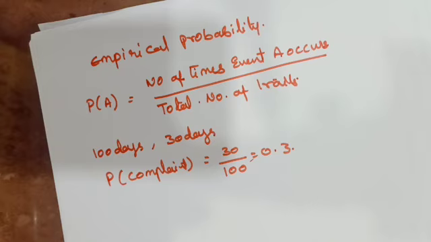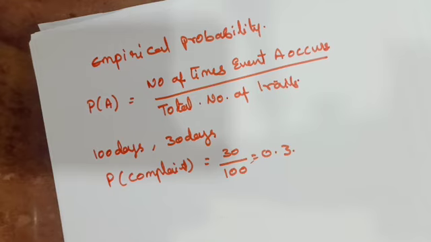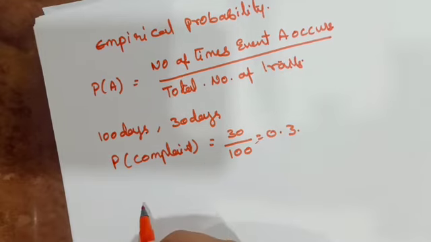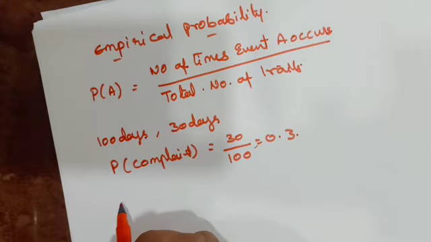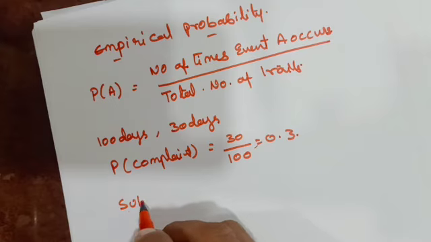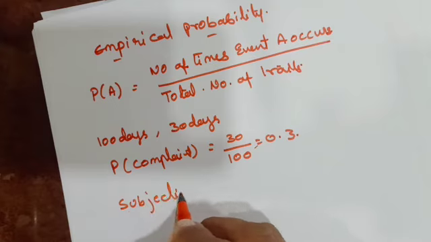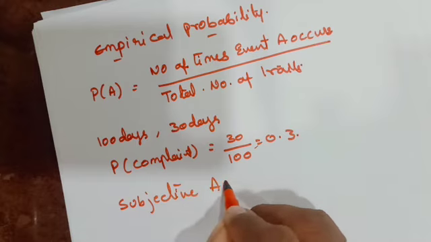So there is another approach besides the classical approach and empirical probability, and that is the subjective approach.